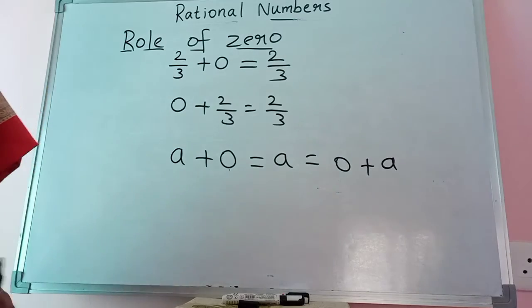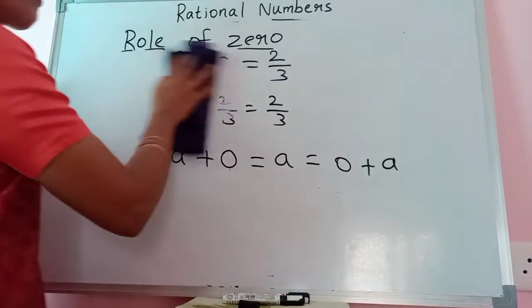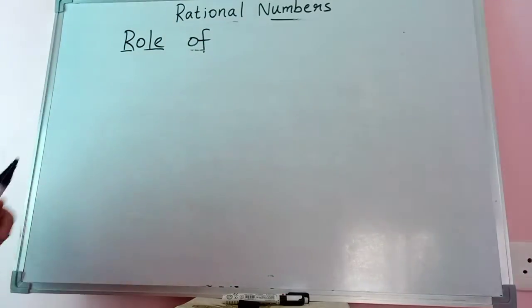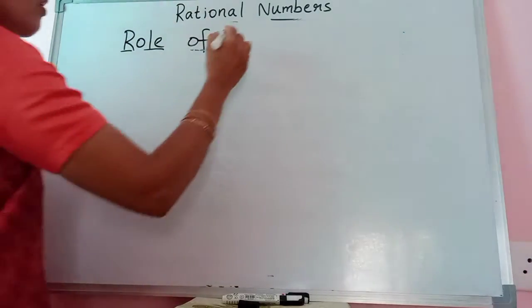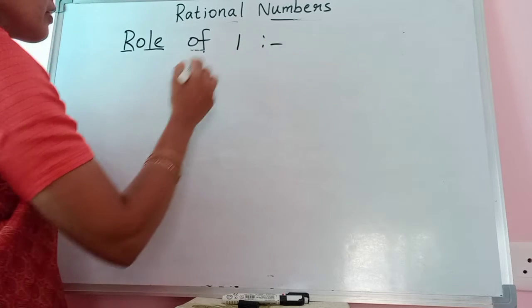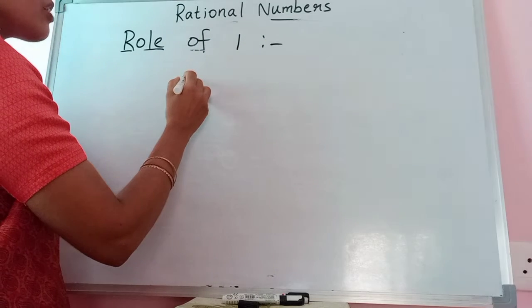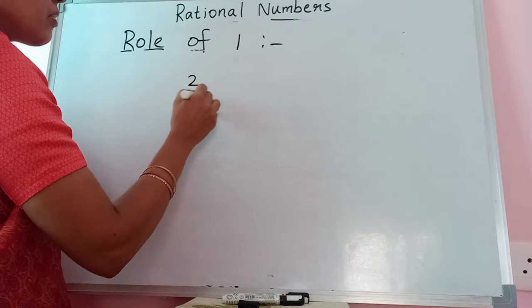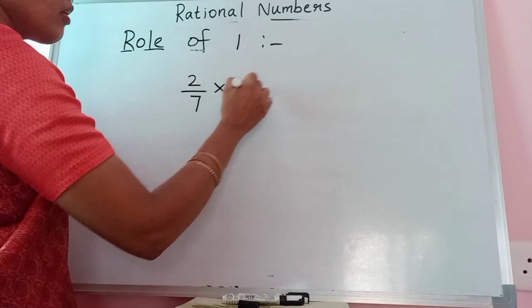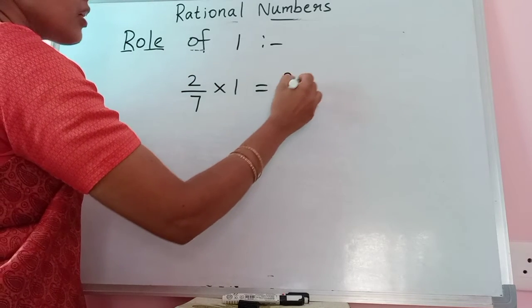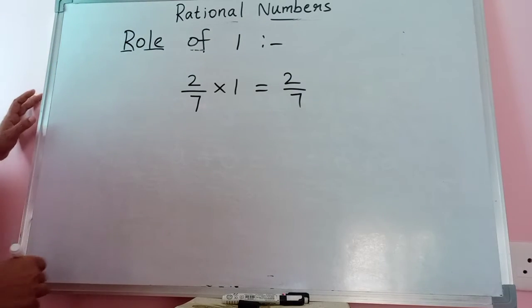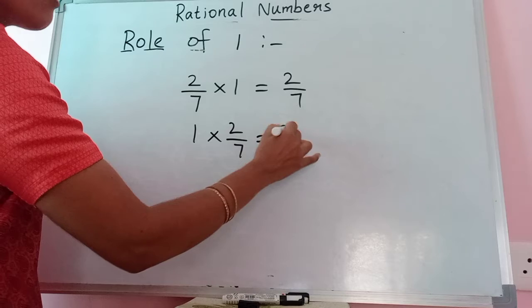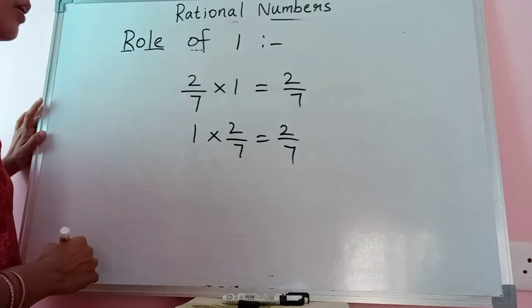Now we see the role of 1. Multiplying 1 with any rational number, for example 2 by 7, gives the same rational number again. 1 multiplied by any rational number also gives the same rational number.